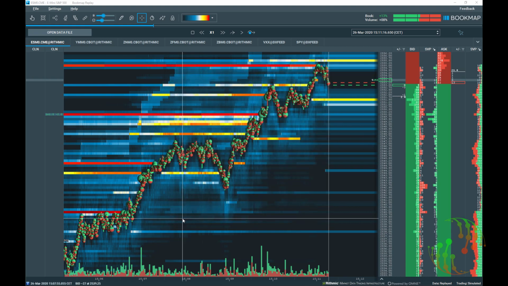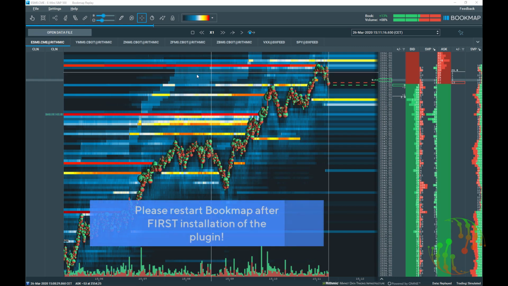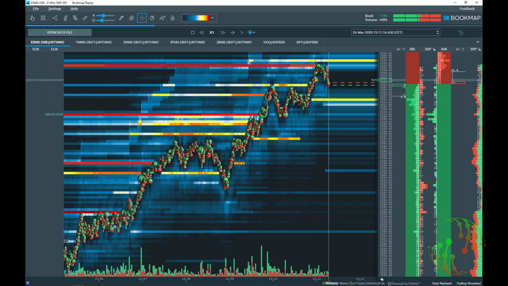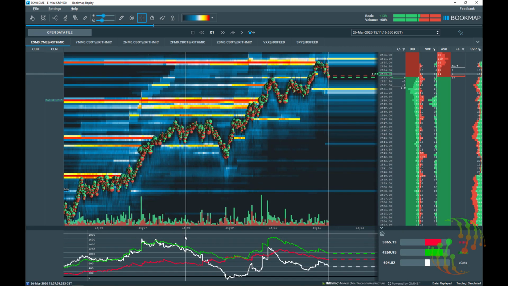Close the API Plugins window. Please remember, in order to get it to run the first time in Bookmap, Bookmap requires a restart to connect to the licensing server with a plugin. When you have restarted Bookmap, the TTW Market Volume Pro indicator will be available from then on.